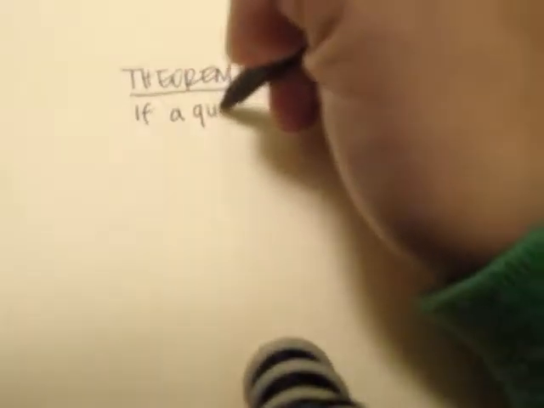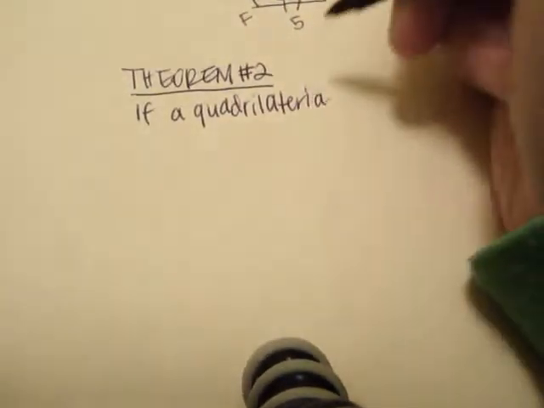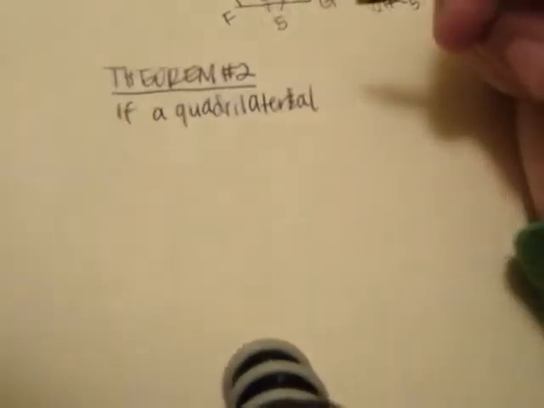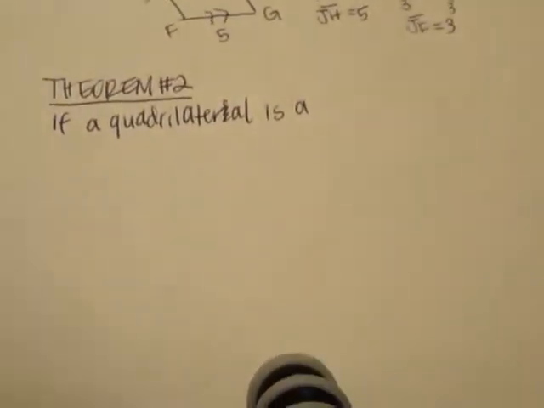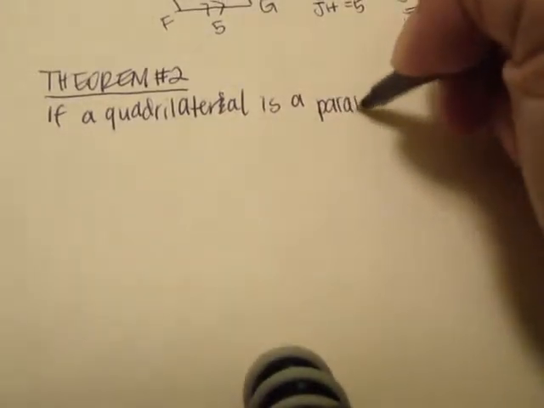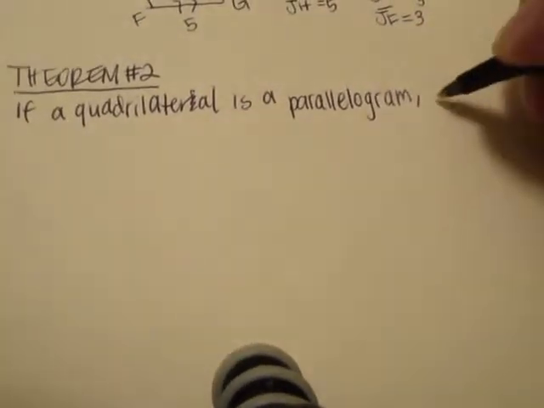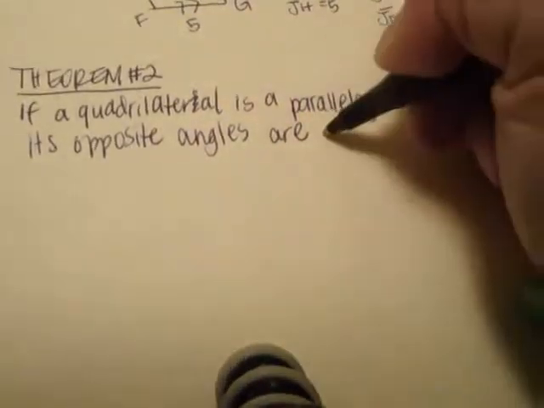If a quadrilateral is a parallelogram, then its opposite angles are congruent.